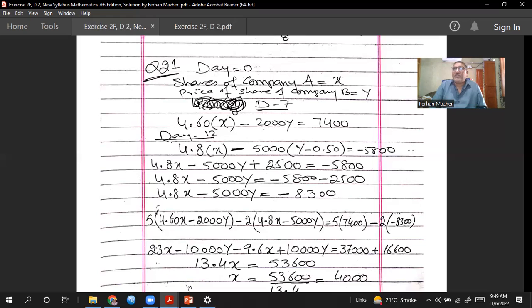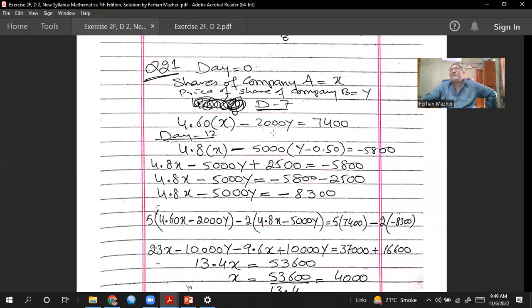The money she is going to get is 4.8 into X. From that money, she bought 5,000 shares of company B. But the price of company B's share today is not Y, it is $0.50 less. So the price of company B's share on day 12 is Y minus 0.50. So 4.8 into X minus 5,000 bracket Y minus 0.50 bracket close.